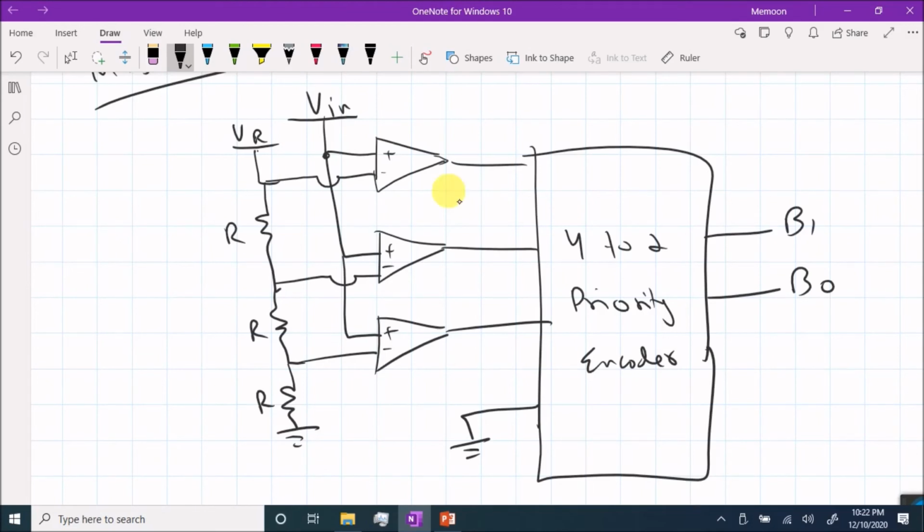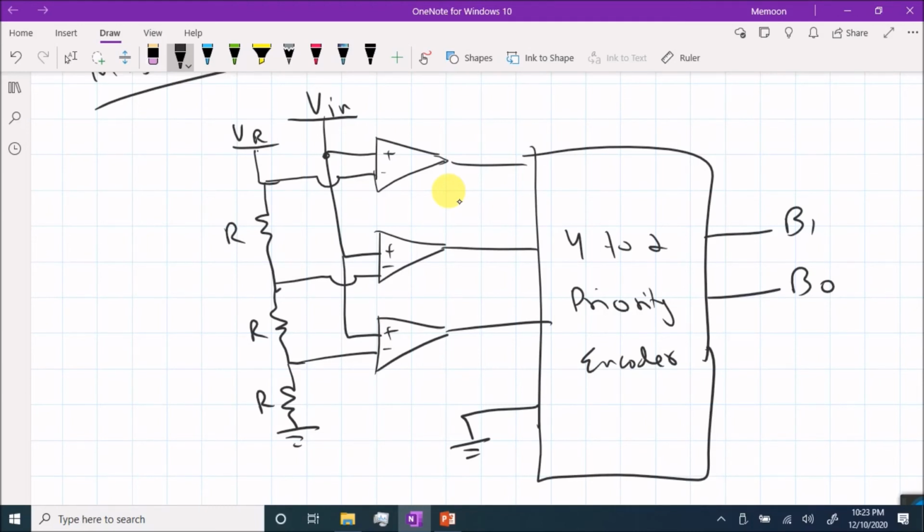An encoder is something that encodes the input and produces an encoded output. For example, if this input was 1, it would be encoded because this was the third input, so the output would be 3, and B1 and B0 would be 1 1.